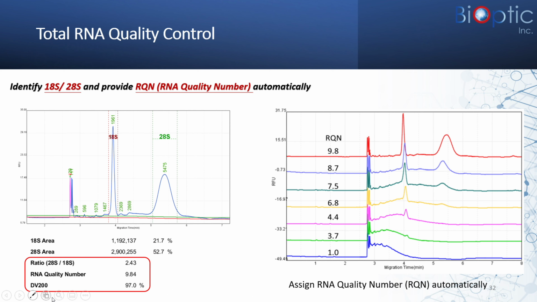QCEP can provide the ratio of 28S and 18S, as well as auto-assign the RNA quality number, RQN number, for users after analysis. In the right picture, we can see the RQN number decreases when the degradation level of RNA increases.